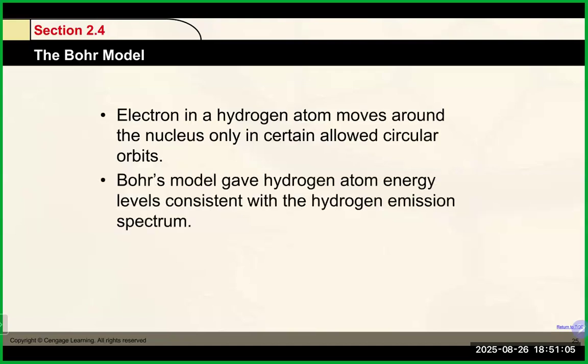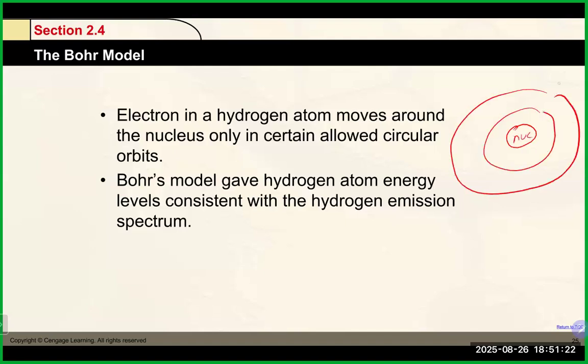That brings us to the Bohr model of the atom. The idea of the Bohr model is this planetary model. You have the nucleus and you have these orbits, and within these orbits you have electrons going around, orbiting in nice, pretty circles.